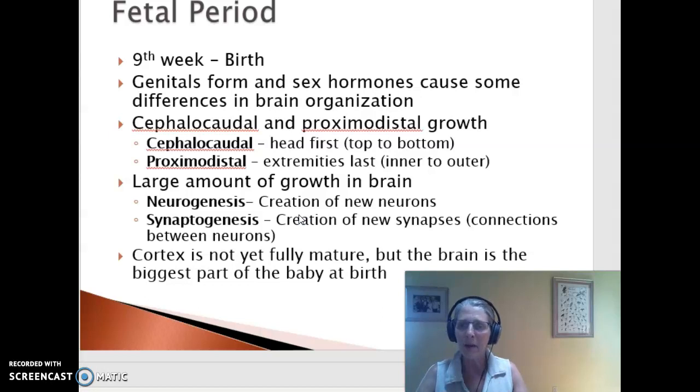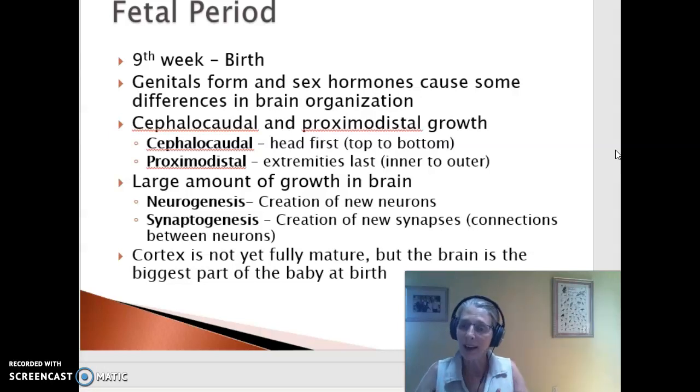So there's quite a bit of growth going on with the brain here. So a couple of things I like to point out is neurogenesis, which is yet another term you want to jot down. So neurogenesis means the creation of new neurons. So new neurons are being created here in the brain.